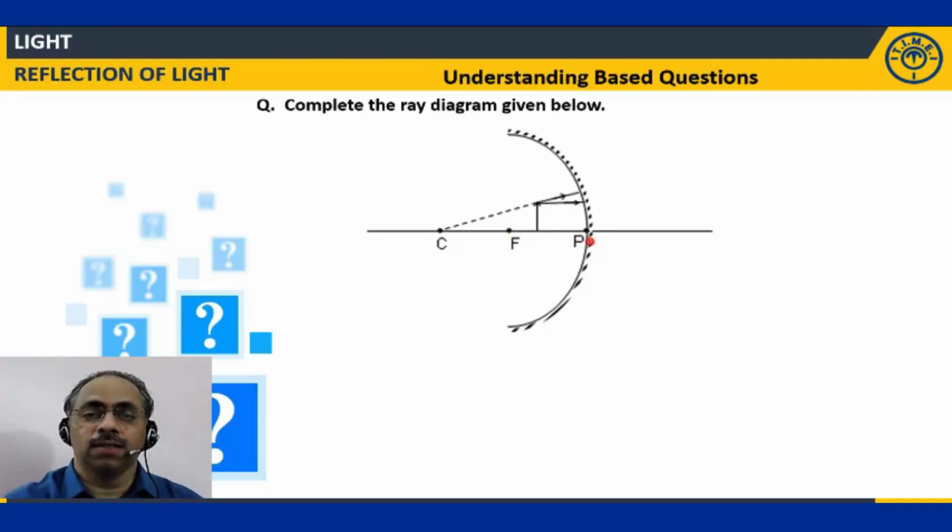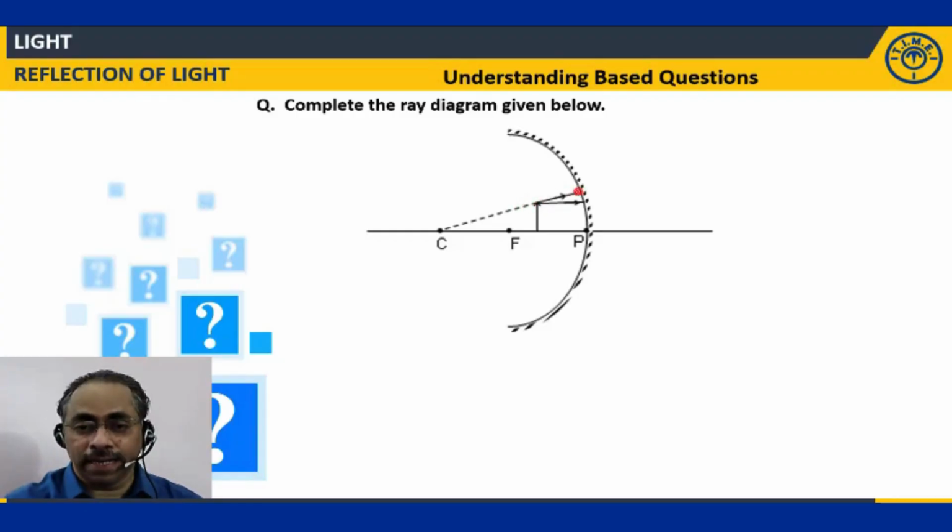Now try to recall the ray diagrams, whatever we have discussed for the concave mirror. The light ray going parallel to the principal axis over here, after reflection, will go through the focus. And here this light ray is directed along the line joining the center of curvature to the particular point on the object.